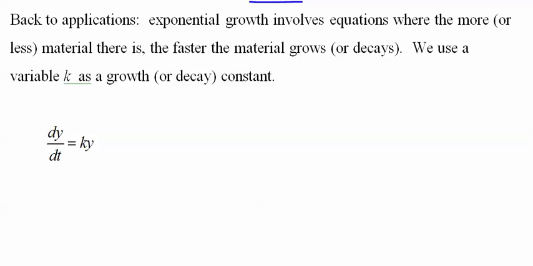Back to applications, here's exponential growth. So, hey, shockingly, we actually use that. If we have something that is growing or decaying, the more material it is, the faster it grows or decays.